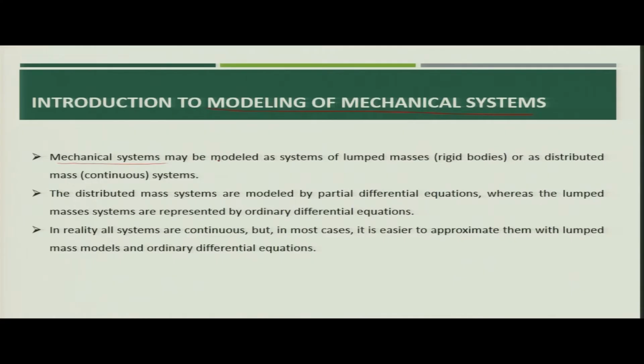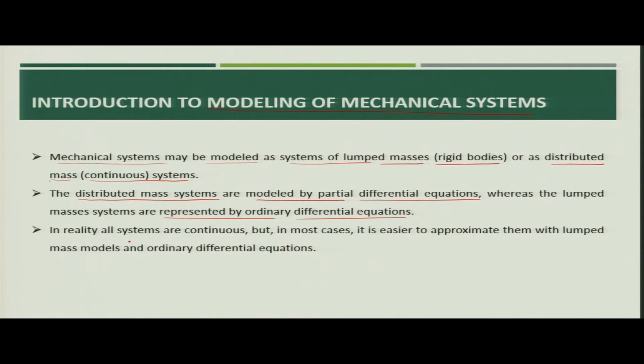The mechanical systems may be modeled as systems of lumped masses, or you can say rigid bodies, or distributed masses, or you can say continuous mass systems. The distributed mass systems are modeled by partial differential equations, whereas the lumped masses are represented by ordinary differential equations.